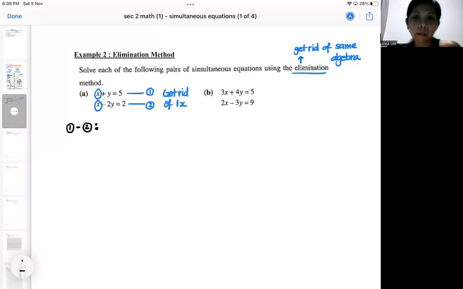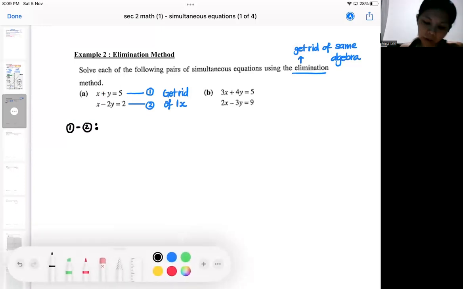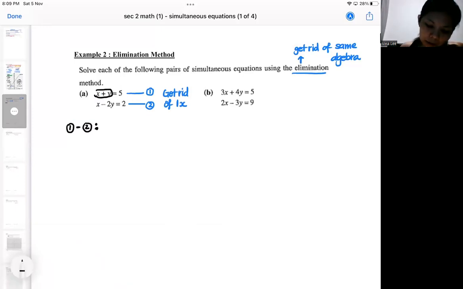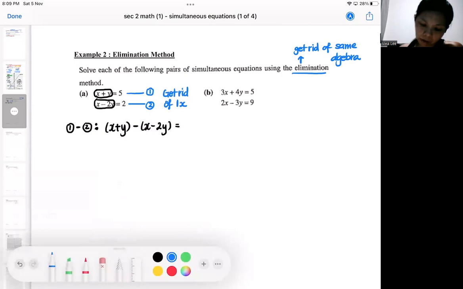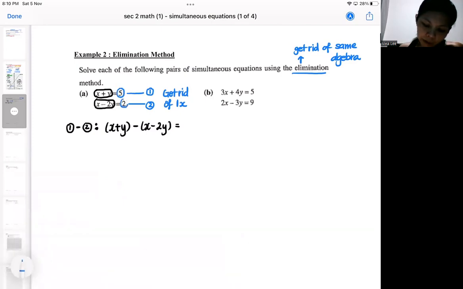So listen up. Equation 1 minus equation 2. This is the first equation. The left side of the first equation minus the left side of the second equation. So I'm subtracting. Left side, subtract left side. Right side, subtract right side.